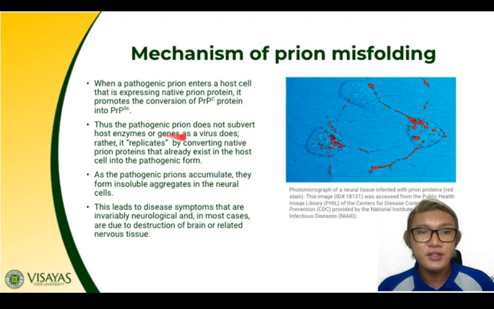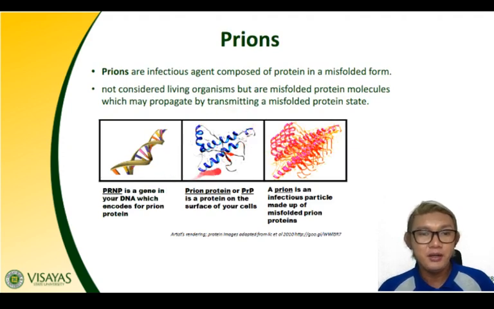So the pathogenic prion does not subvert host enzymes or genes as a virus does. Rather, it replicates by converting the native prion proteins that already exist in the host cell into a pathogenic form. If you notice here, this is a normal protein and this is a misfolded form of that protein. They are expressed by the same gene.